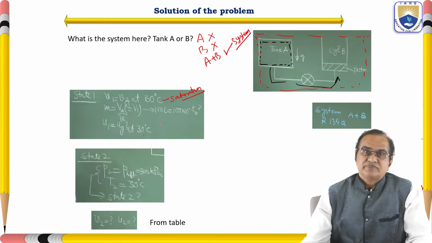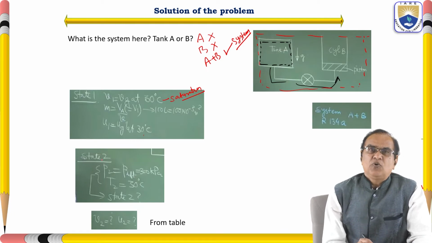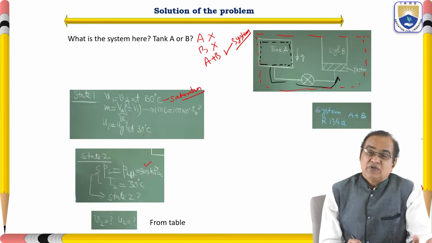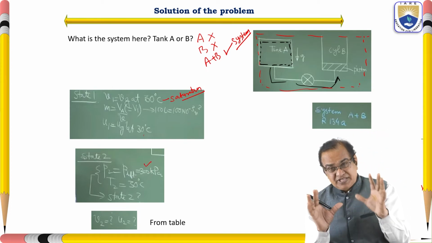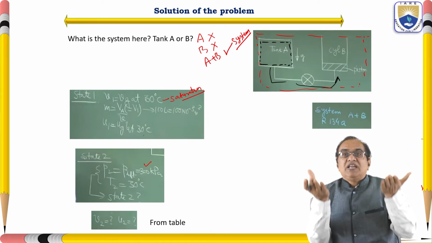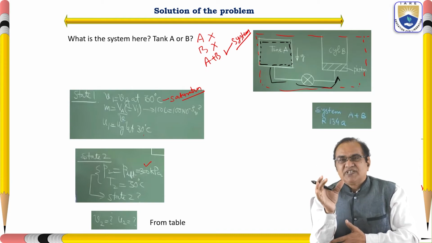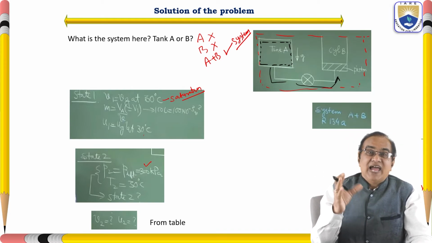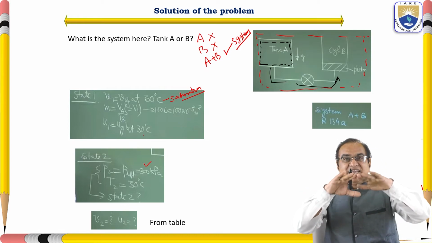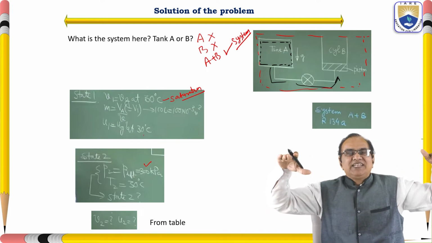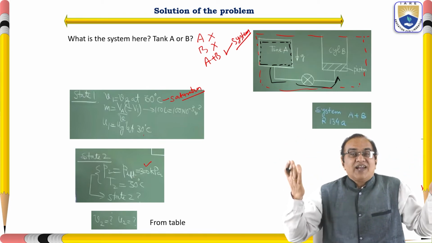The state 2 is given. P2 is equal to P lift, which is 300 kilopascal. When we increase the pressure by adding heat, the piston starts lifting. The first lift will happen when the system is at 300 kilopascal, and it is given that at 300 kilopascal both the tanks are in equilibrium. After that it will not move.